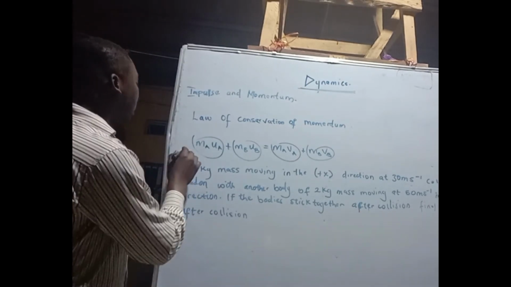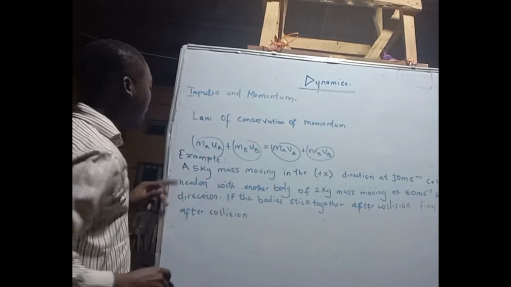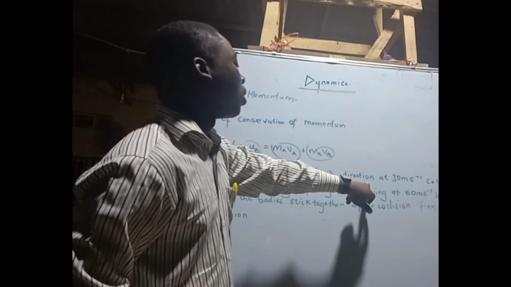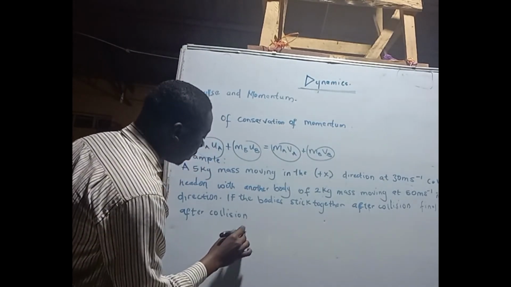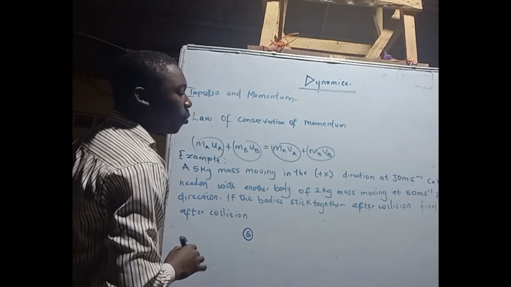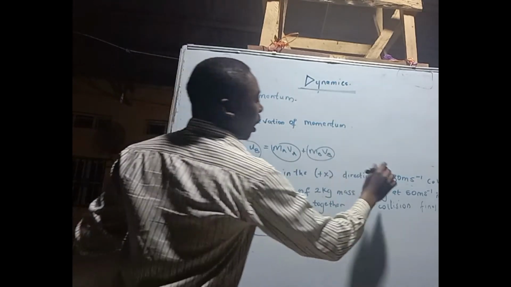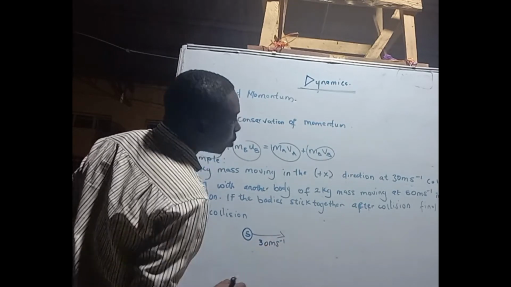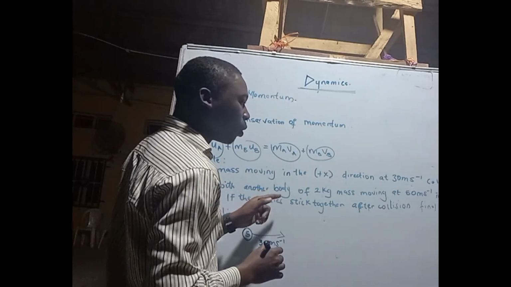So let's take this example. A 5 kilogram mass moving in the positive x direction at 30 meters per second collides head on with another body.